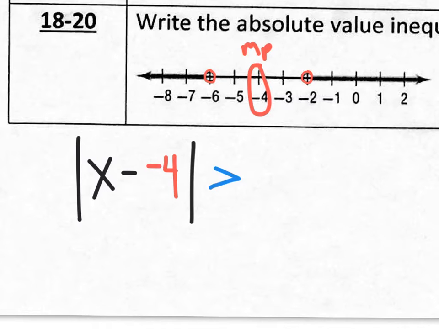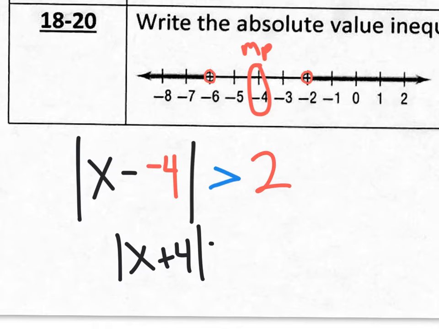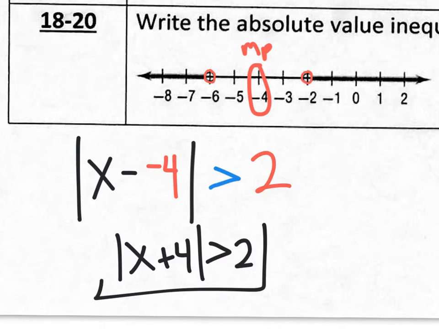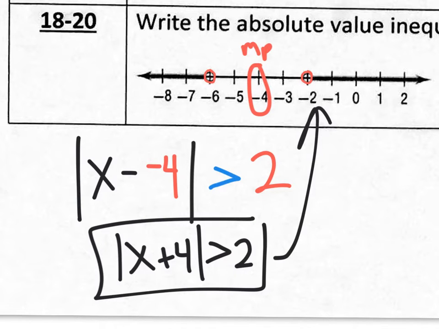So, the number out here is 2. And ladies and gentlemen, this is your answer. Of course, the only thing you need to do is change the minus to plus. So, your final answer, by the way, you're going to have to write it small on tomorrow's test, is the absolute value of x plus 4 greater than 2. That's the absolute value inequality that produces that graph up there.